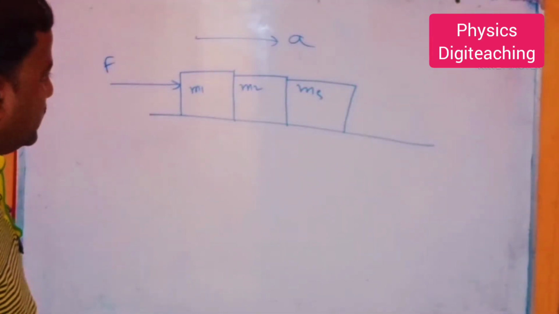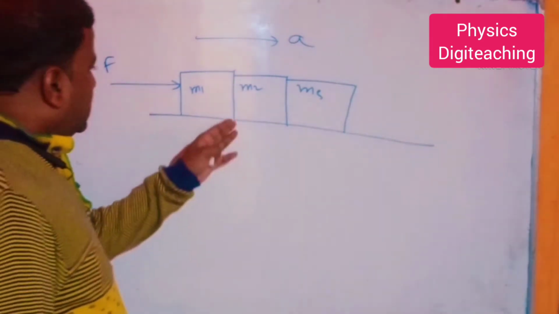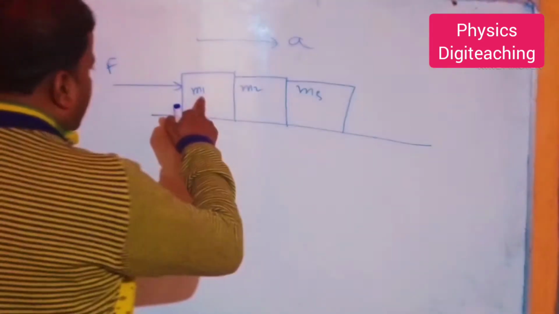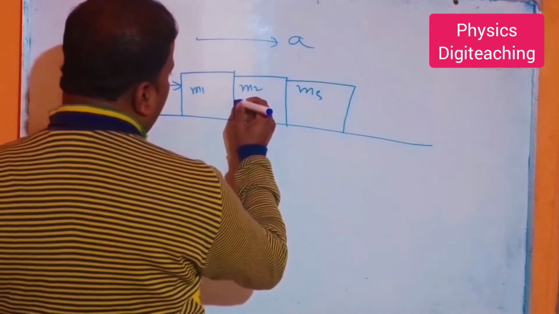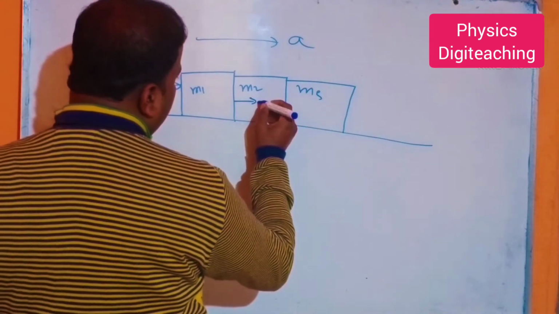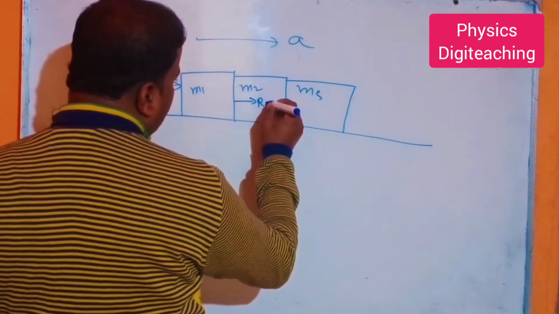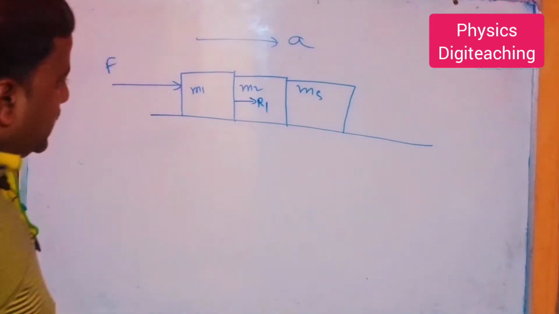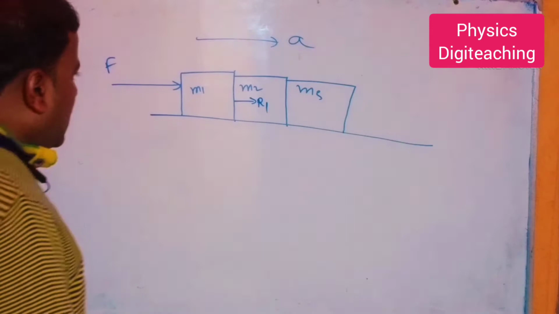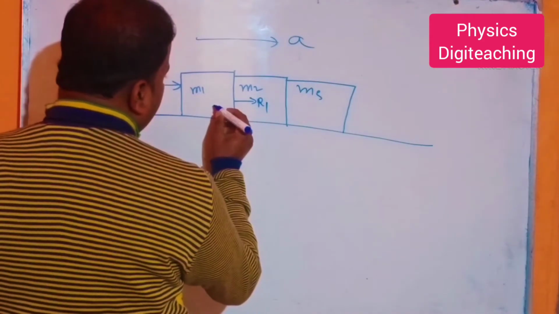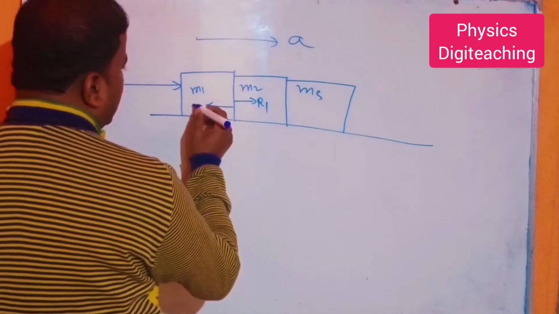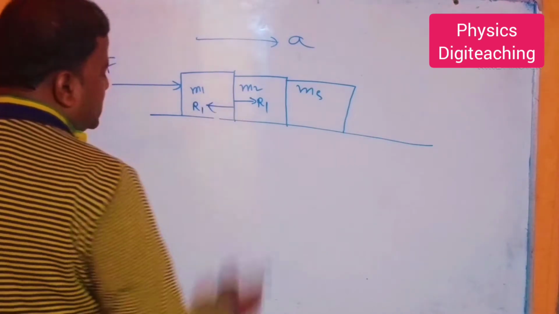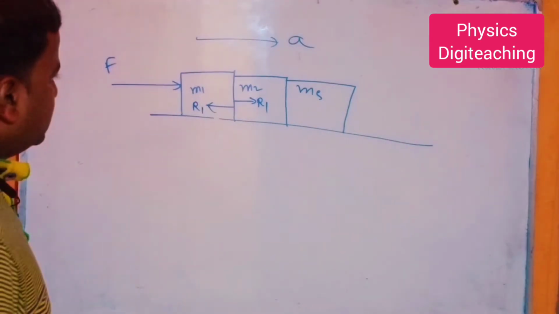As before, we see that the mass M1 will apply a force R1 on the body M2. According to Newton's third law, M2 applies an equal and opposite force R1.